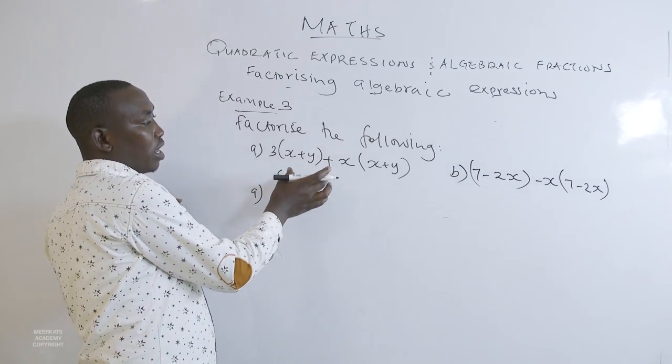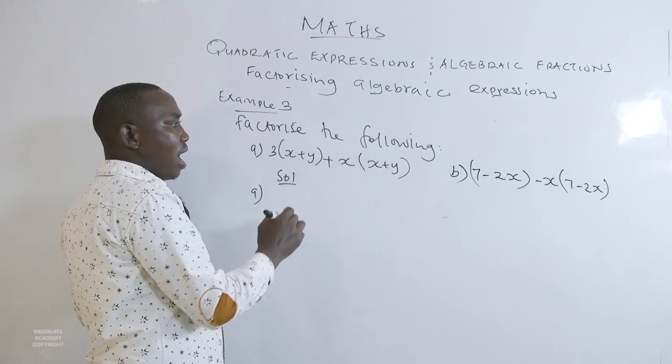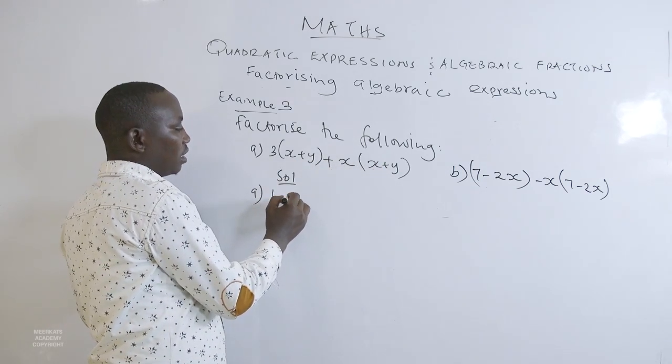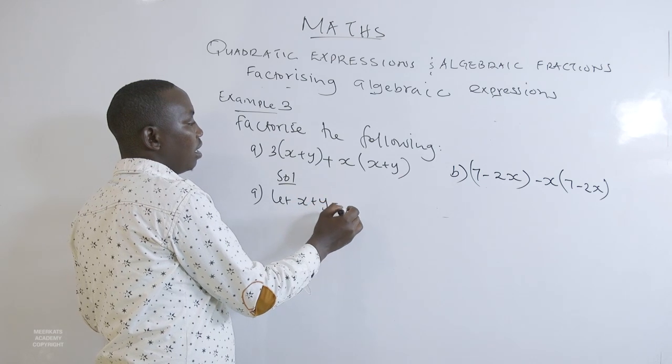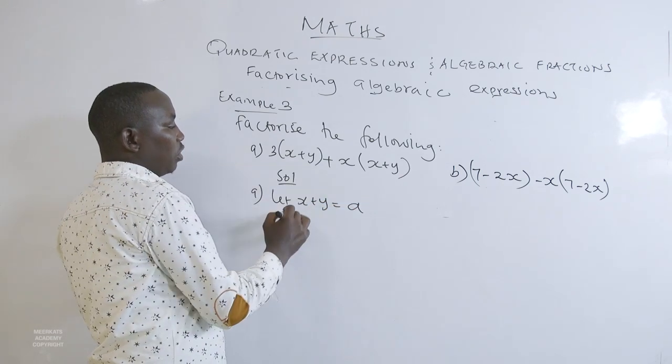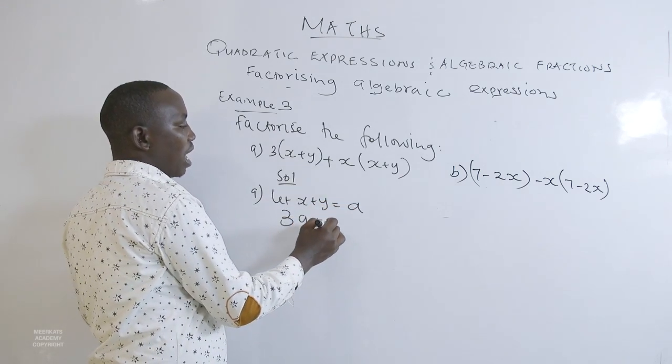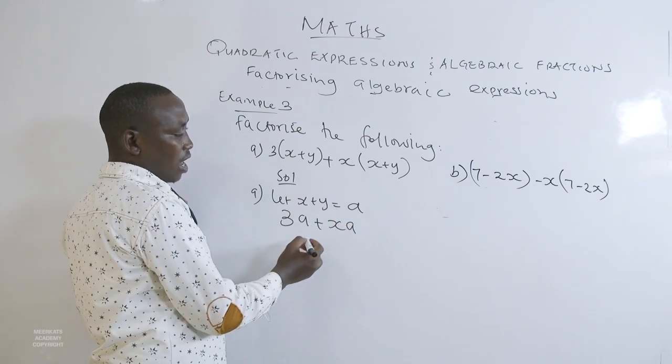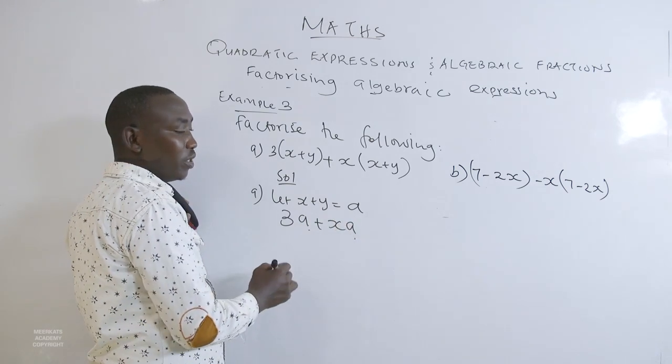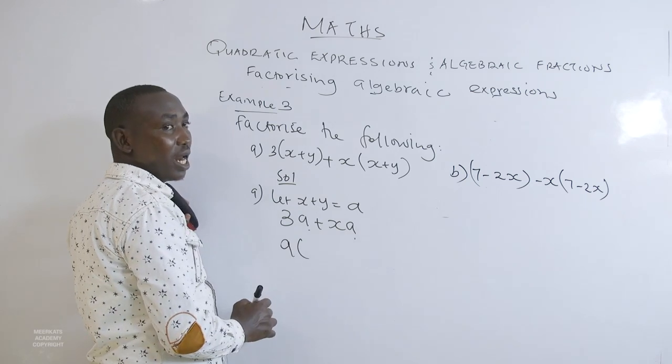Look at this. We have x plus y, x plus y. Assuming that we let x plus y be a, that means we'll be having 3a plus xa. And you can clearly see that a is common, hence it can be factored out.